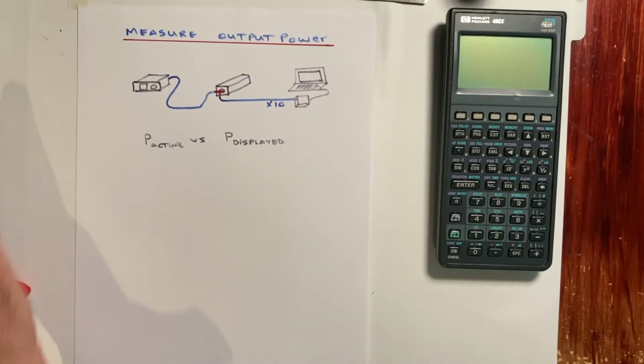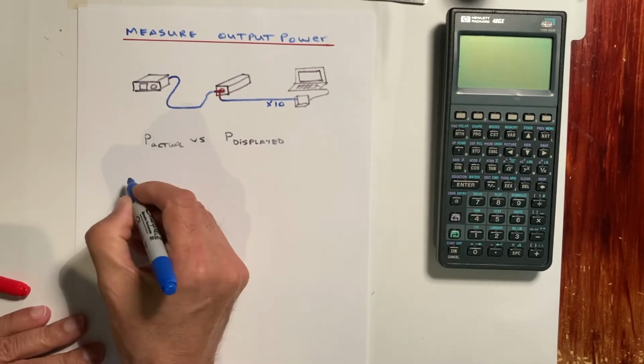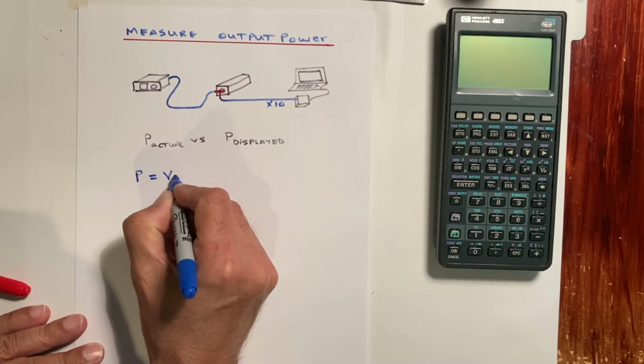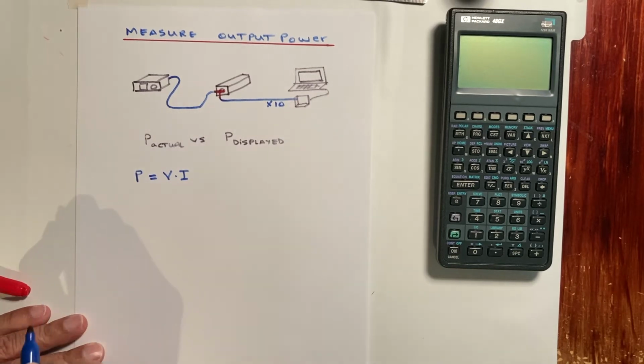One more thing to note is that we need to do some formula derivation of what exactly we're wanting to do. So again, we're going for power, which, if we remember, is voltage times current.